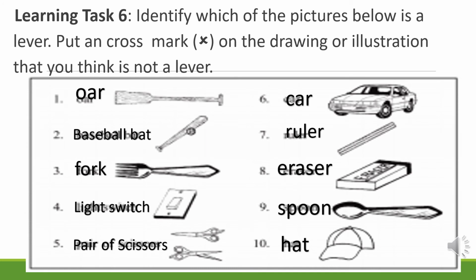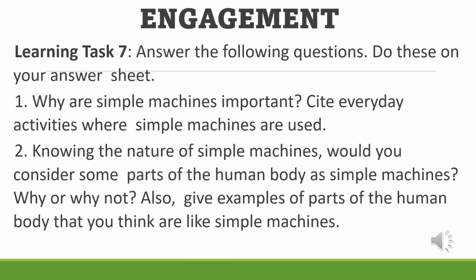Learning Task 6. Identify which of the features below is a lever. Put a cross mark on the drawing or illustration that you think is not a lever. Learning Task 7. Answer the following questions. Do this on your answer sheet. 1.